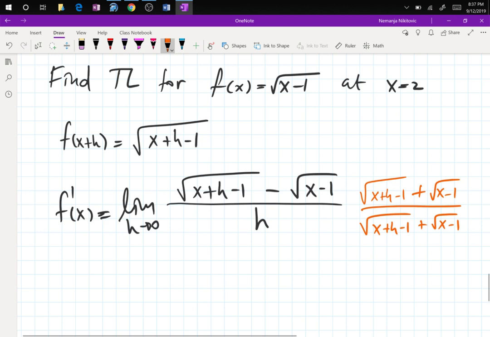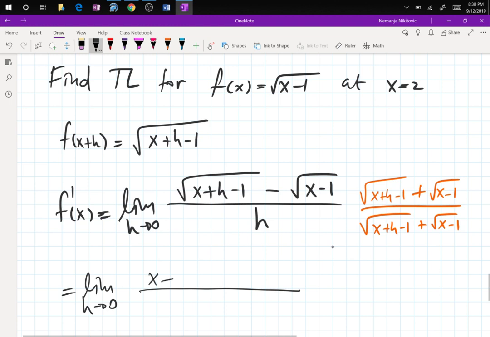Now we're going to multiply. Do not multiply in the denominator. You just multiply in the numerator. So what I have is the limit as h goes to 0. When I multiply on top, square root times the square root will give you the quantity underneath, and square kills the root.